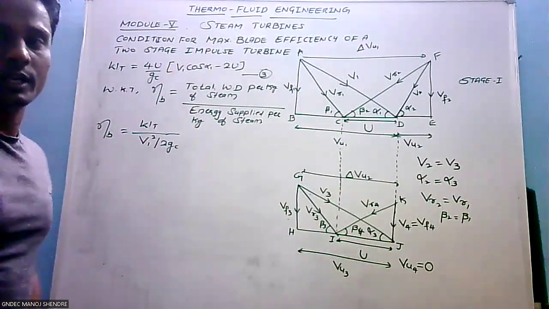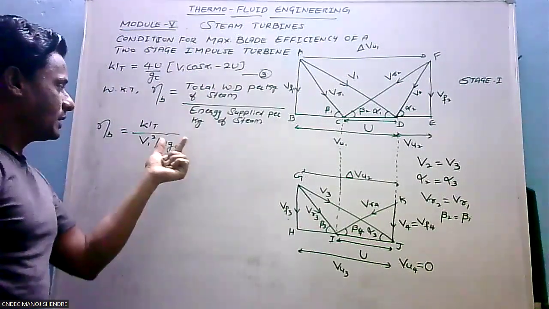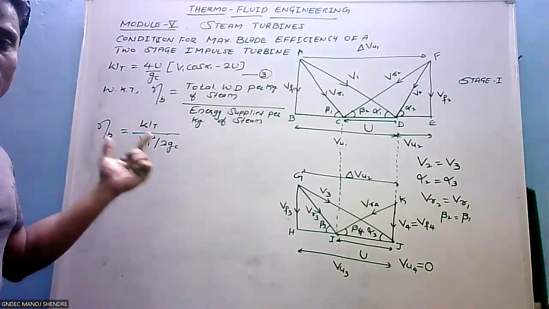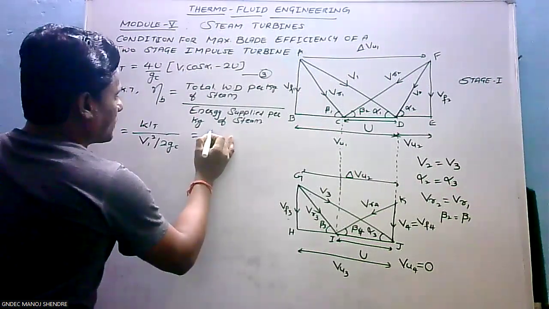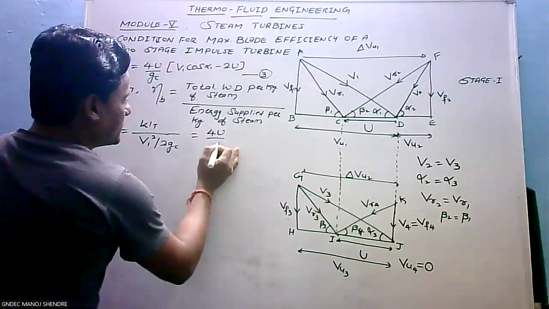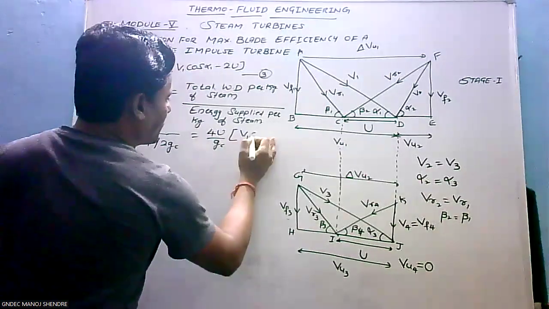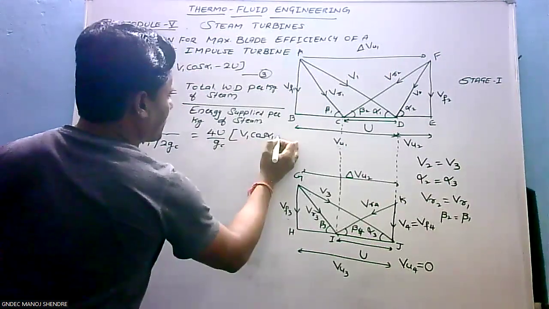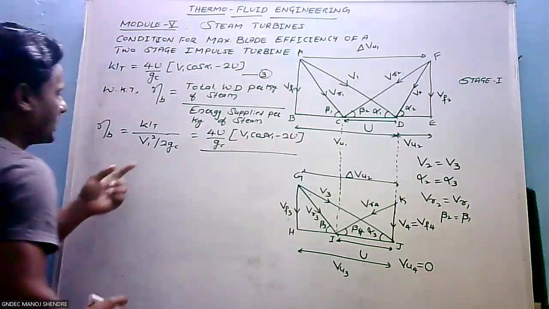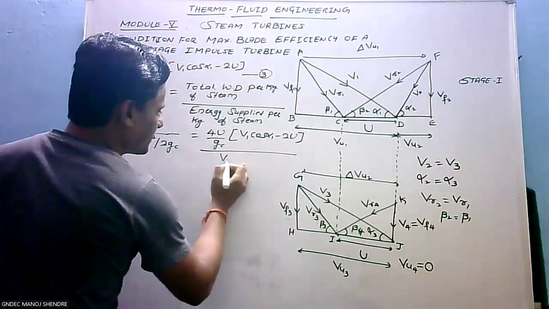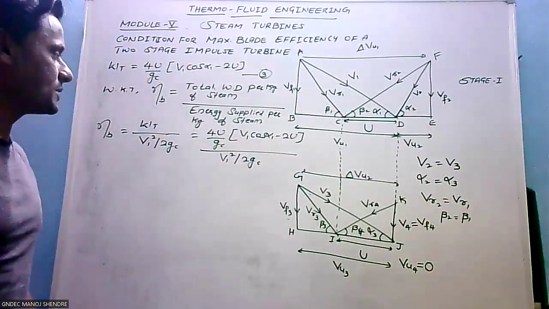Let us substitute equation number 3 for WT. So WT is 4U by GC into V1 cos alpha 1 minus 2U, divided by V1 square by 2GC as it is.